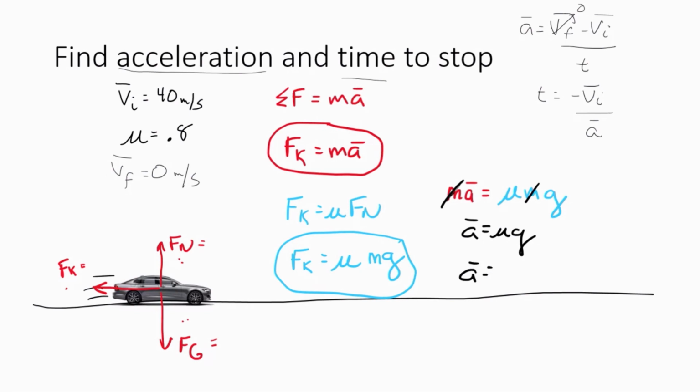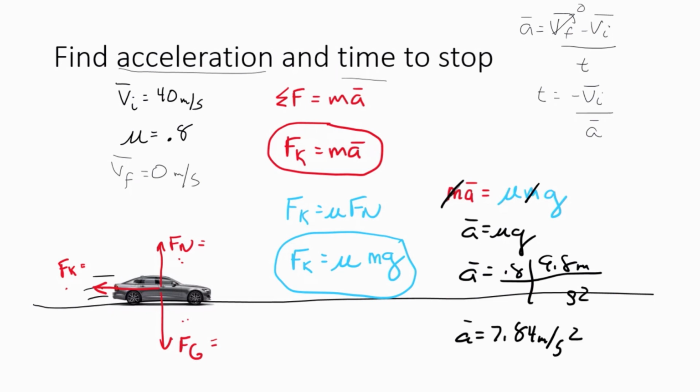Why? Because I know mu, it's 0.8. And I know g, it's 9.8 meters per second squared. So what's my acceleration? My acceleration is 9.8 times 0.8, 7.84. My acceleration is 7.84 meters per second squared.